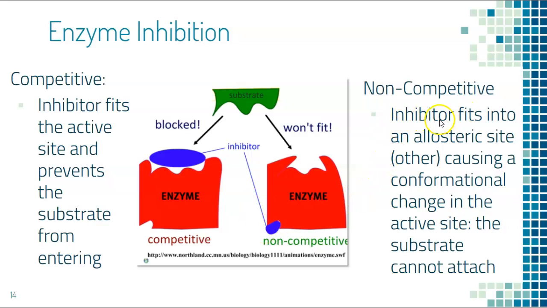And so if this inhibitor fits into the allosteric site, it's going to force the enzyme to change its shape, and when it changes its shape, it changes its active site shape, and now the substrate can't fit in it. So this is non-competitive because it's not going in the same spot, so it's not competing with the space, but it is forcing the substrate to not connect with the enzyme.